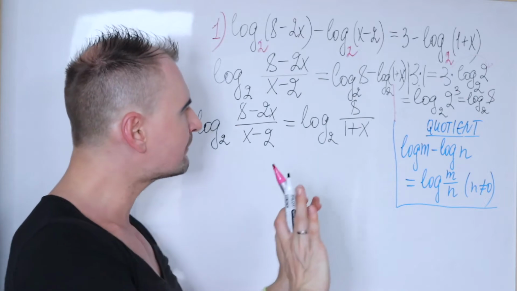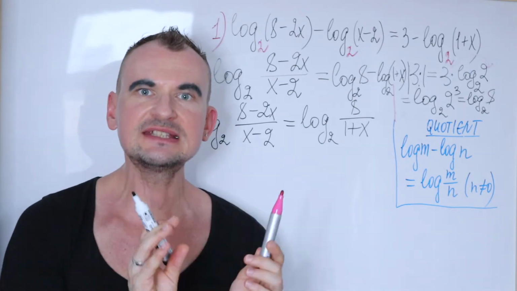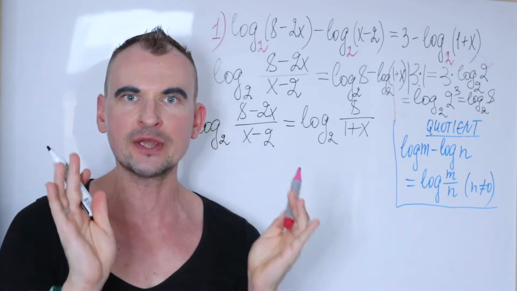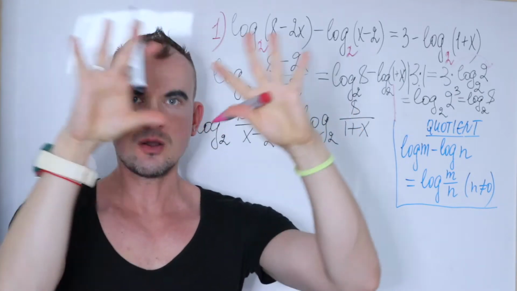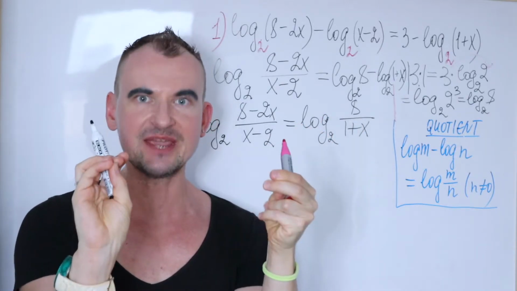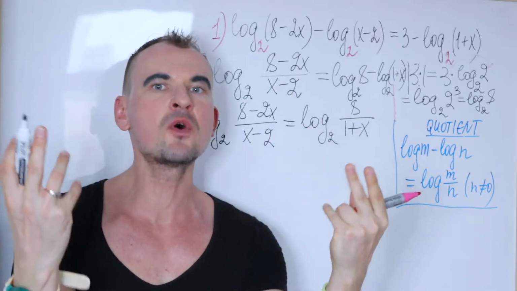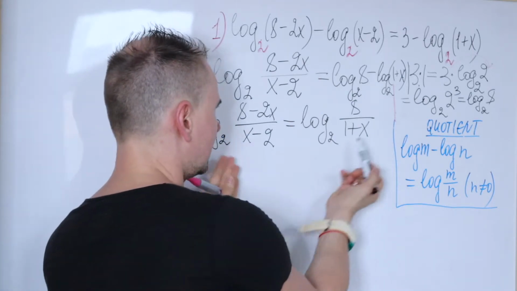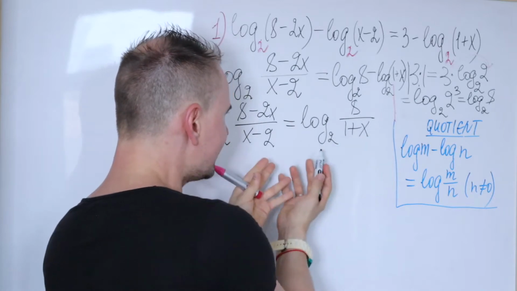Now that's my favorite part, since we can easily get rid of logs. As soon as we reach the point where you have two logs on both sides of your equation to the same base, we can simply ignore them, leave them behind, and come up with an equality of insides.